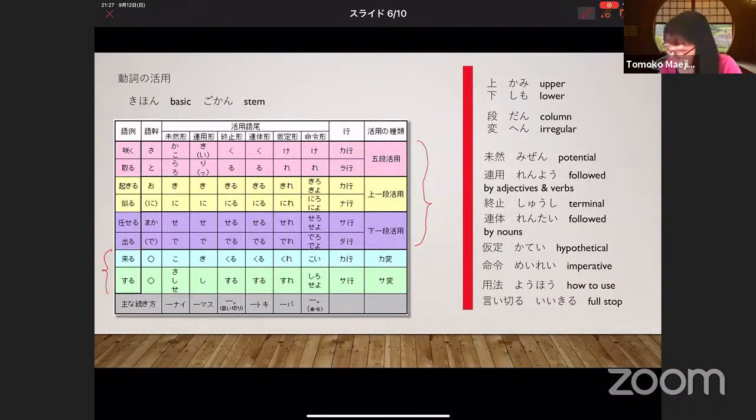We have gokan, meaning stem. We just don't have a basic form, but these are basic forms. So this column represents the basic forms.